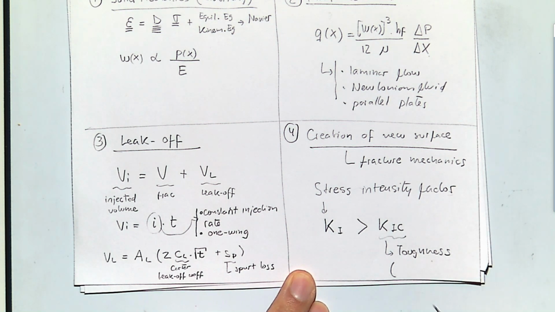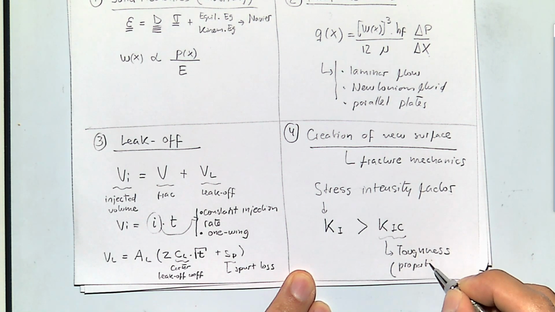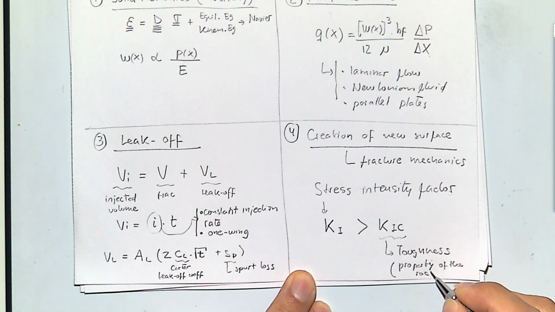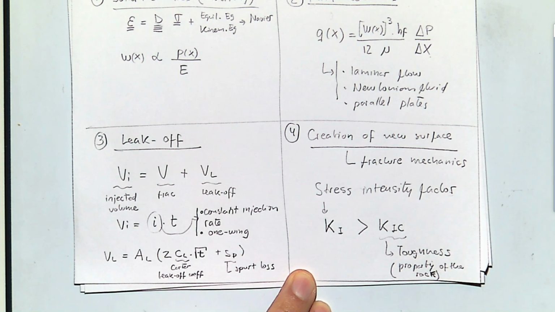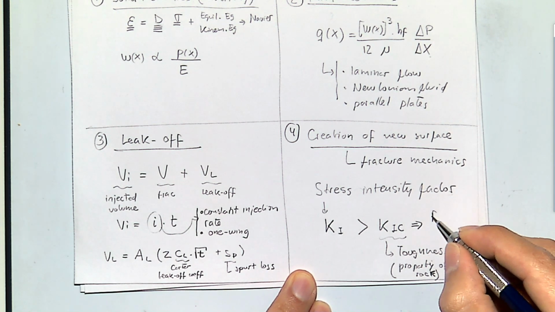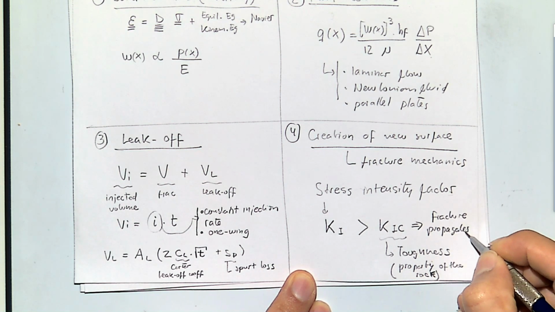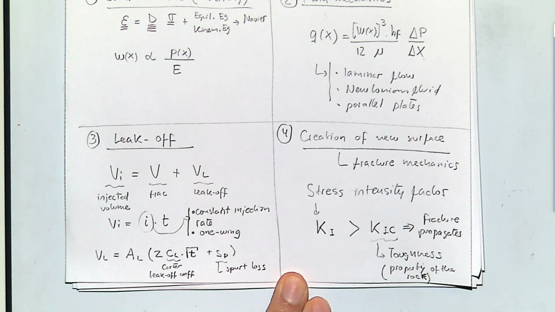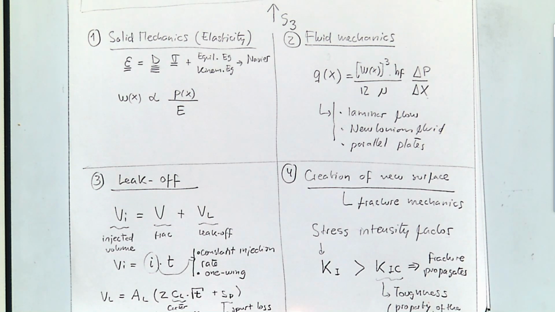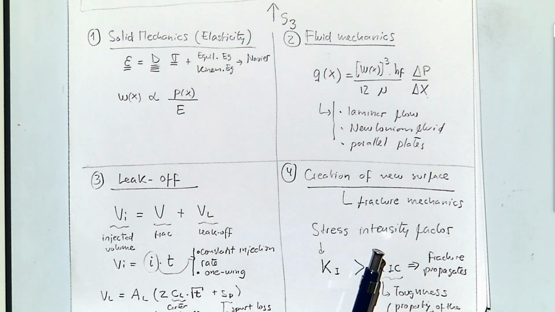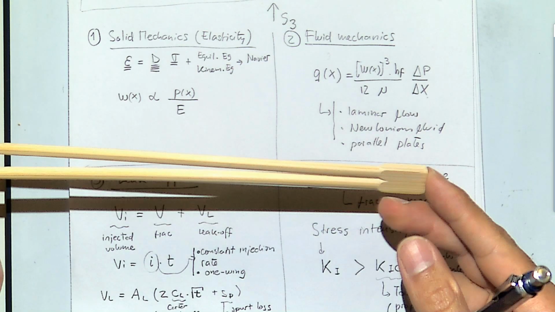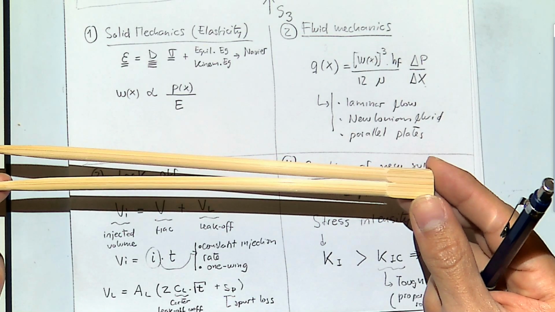This is the property of the rock. If the intensity factor is higher than the toughness, that would mean that the fracture propagates. On the contrary, if the intensity is lower than the toughness, then the fracture doesn't propagate. All right. And this fourth term is going to be the one when you break the chopsticks, okay? But don't break them now.